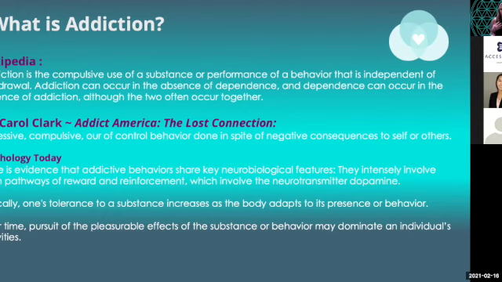Dopamine is a chemical, like our brain is its own pharmacy, and dopamine is one of the chemicals that our brain will produce. And dopamine is really a feel-good hormone that gets released. I could do a whole session just on dopamine itself, so I'll leave it at that.